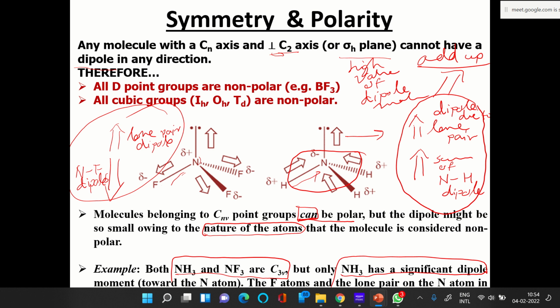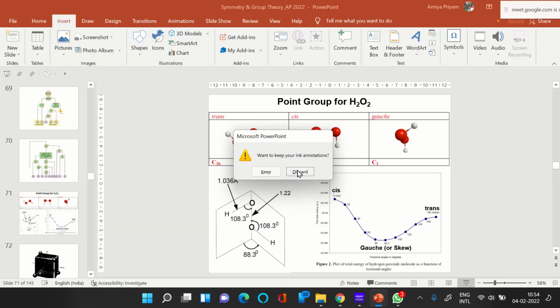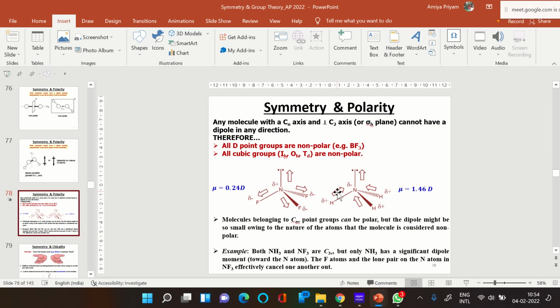This is because of the nature of the atoms bound to the central atom. Hydrogen is more electropositive than nitrogen, and fluorine is more electronegative than nitrogen. So this point is important.